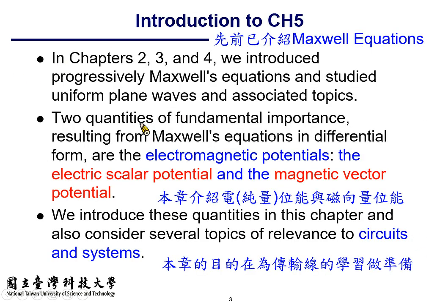So in chapters 2, 3, and 4, we already looked into the Maxwell equations in both integral form and differential form. In this chapter, we will introduce the idea of electrical scalar potential and magnetic vector potential. The purpose of this chapter is to lay out the foundation for chapter 6 and chapter 7.